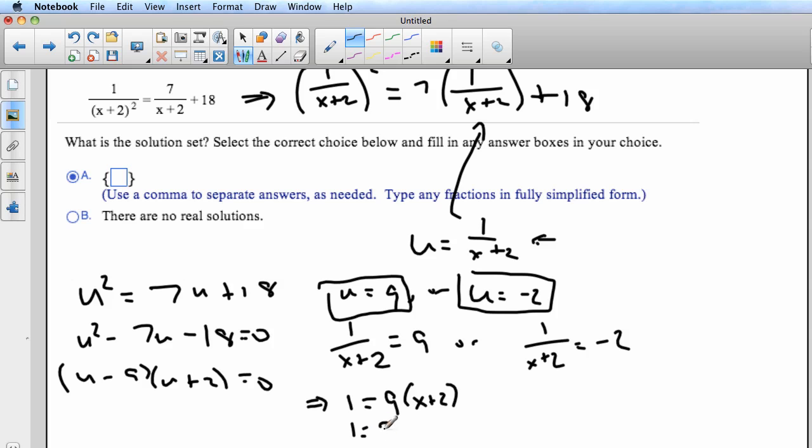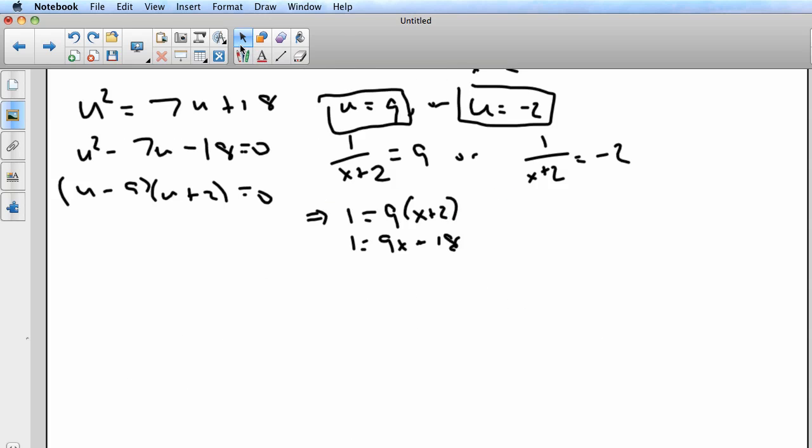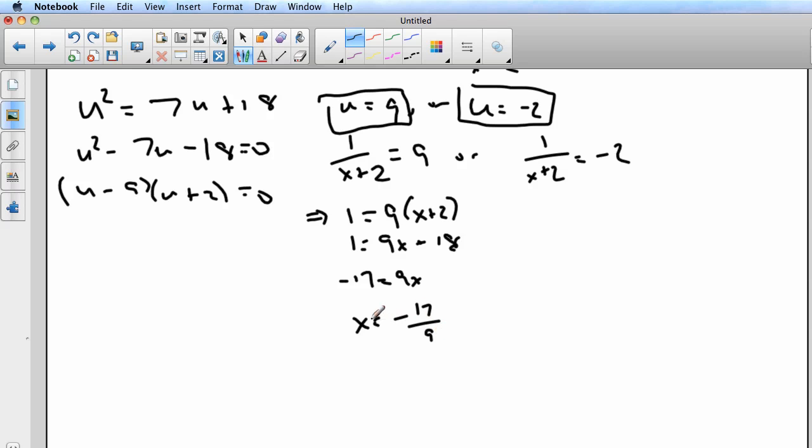So that means 1 is 9x plus 18. And so subtract 18 from both sides, I'll have -17 is equal to 9x. And so x is an awful looking number, -17/9. So that's a value of x that would work.